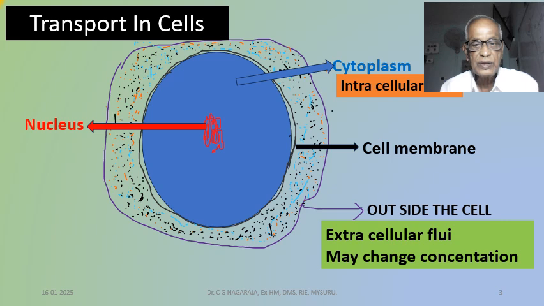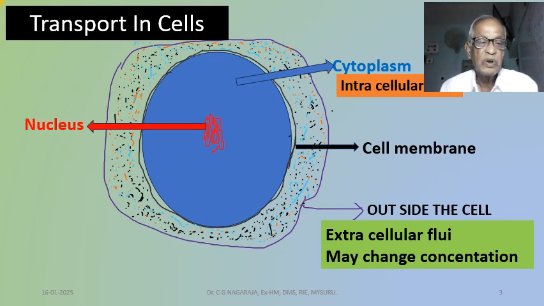Both inside and outside we have fluids, and these fluids are mostly water and might contain certain solutes, maybe potassium, sodium, hormones, chemicals. Like that, there are many materials both inside and outside.